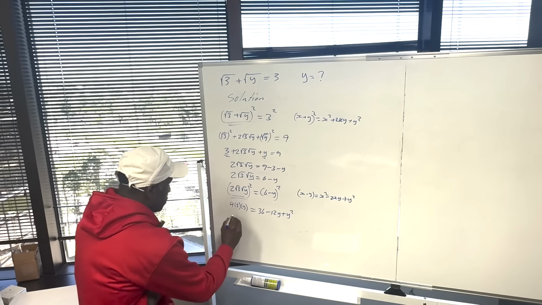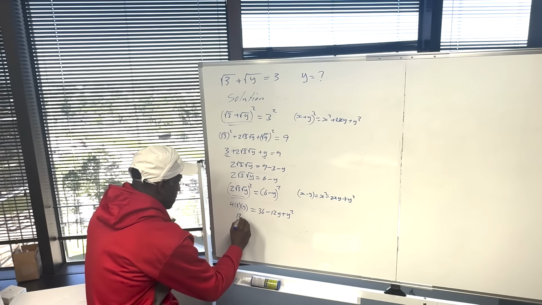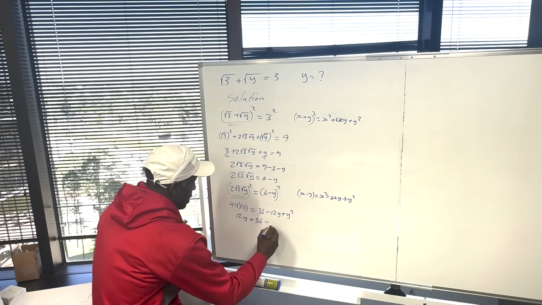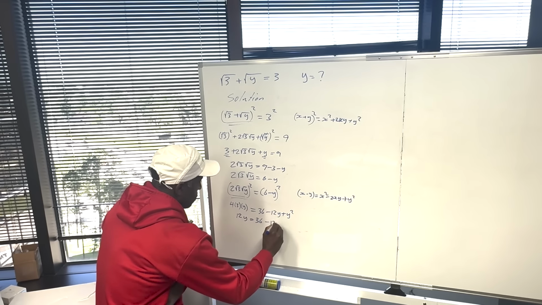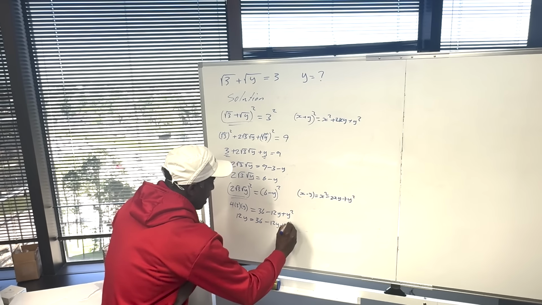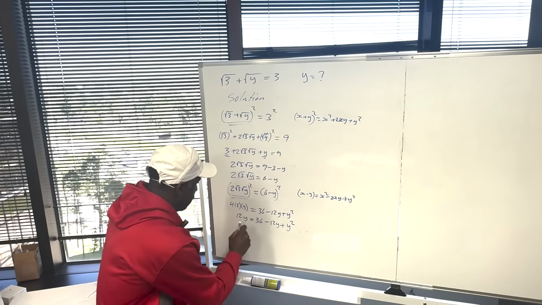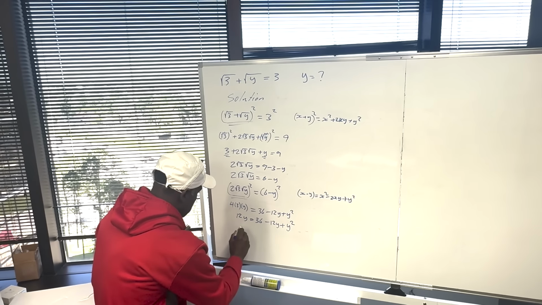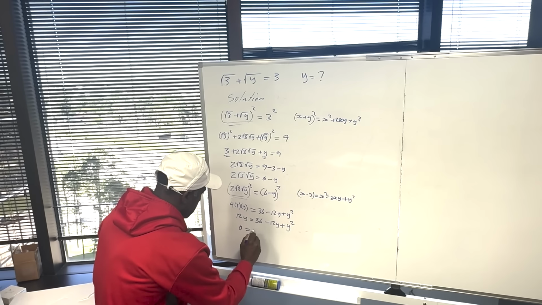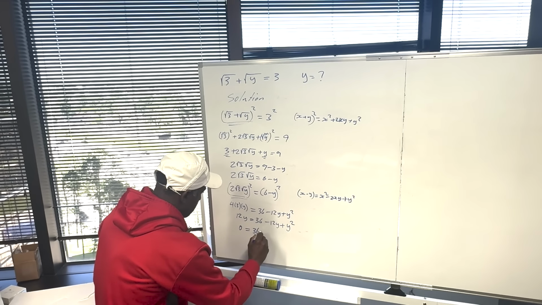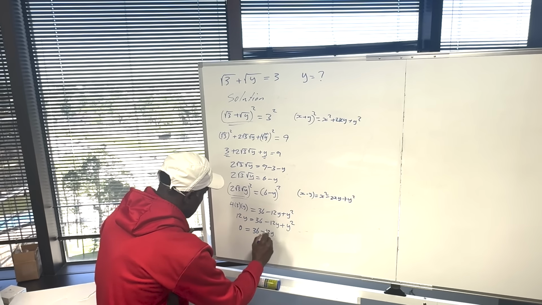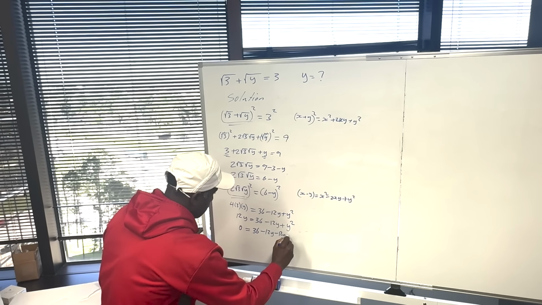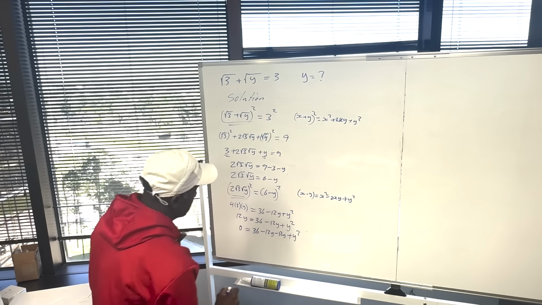So here we have 12y is equal to 36 minus 12y plus y squared. Let's take everything on that side and bring it to this side. You get 0 equals 36 minus y minus this y plus y squared.